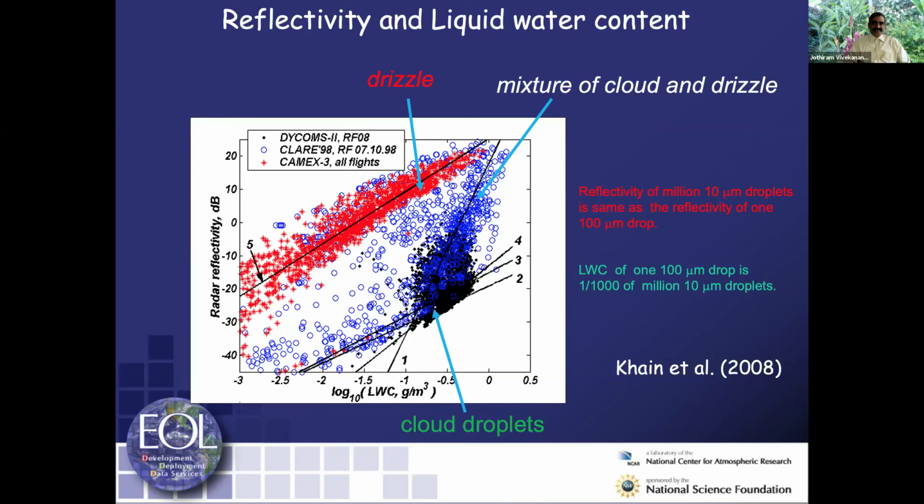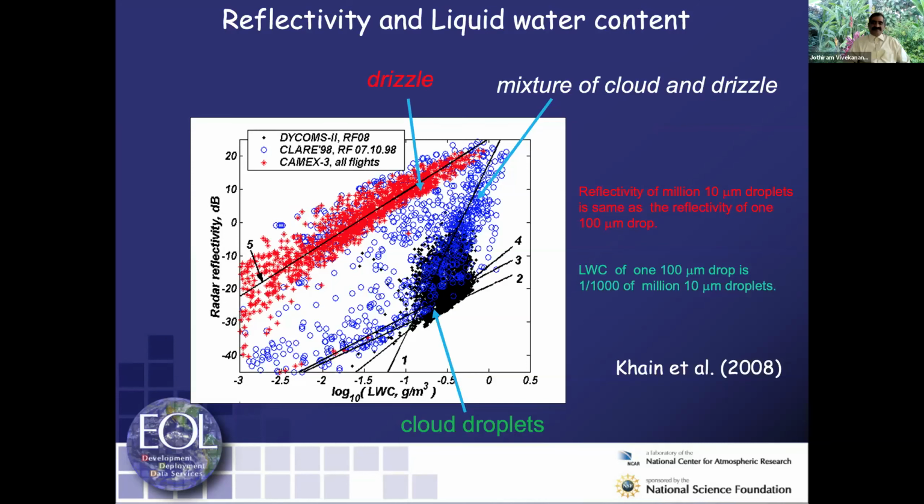But in practice, we don't know what the cloud consists of: drizzle, cloud, or a mix of cloud and drizzle. For example, as I wrote in the slide, 1,000,000 10 micrometer droplets give the same dBZ as one 100 micrometer droplet, because dBZ goes as D to the power 6. But the liquid water content is much different.